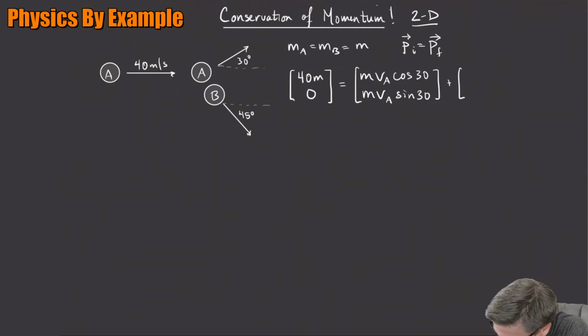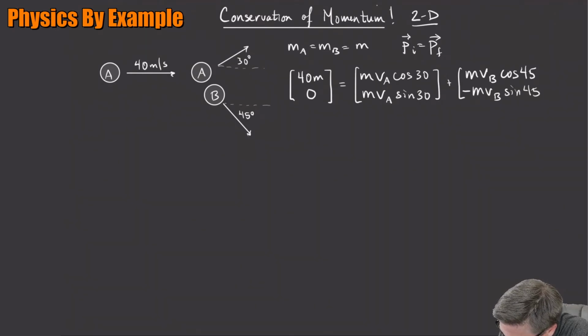And so I'm going to have B. It's still mass m, v_B cosine 45, if I've measured those angles, and then the y component is going to be minus m v_B sine 45. If I know it's going down and to the right, the y component is going to be negative.